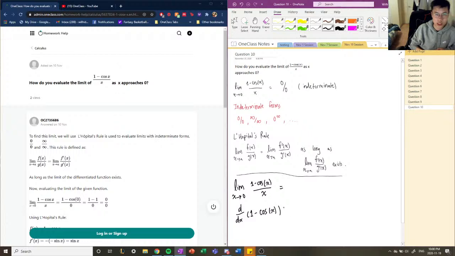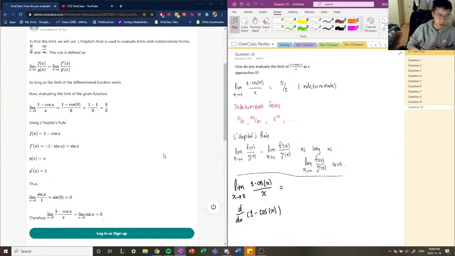We know that the derivative of cosine is negative sine, but since it's negative cos, we're going to have sine x. And d/dx of x is 1.